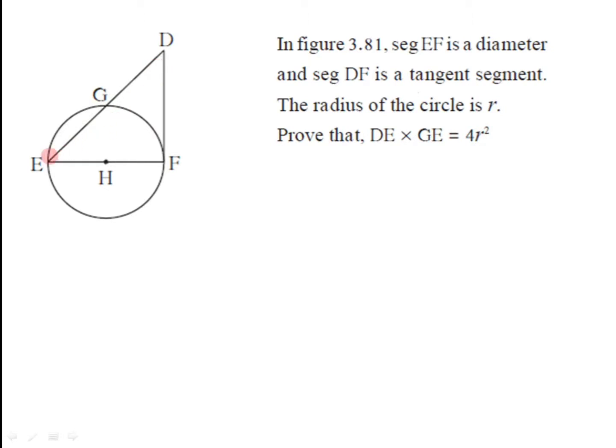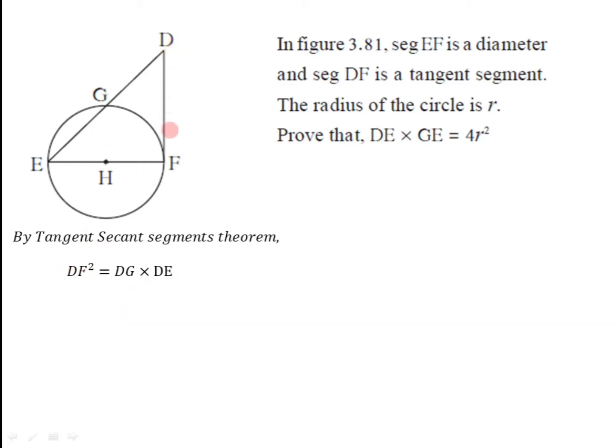If we consider angle EDF, one side touches the circle and the other side intersects the circle. In this situation we have to use the tangent secant segments theorem. By that we write the tangent segment square, that is DF square, is equal to DG into DE.